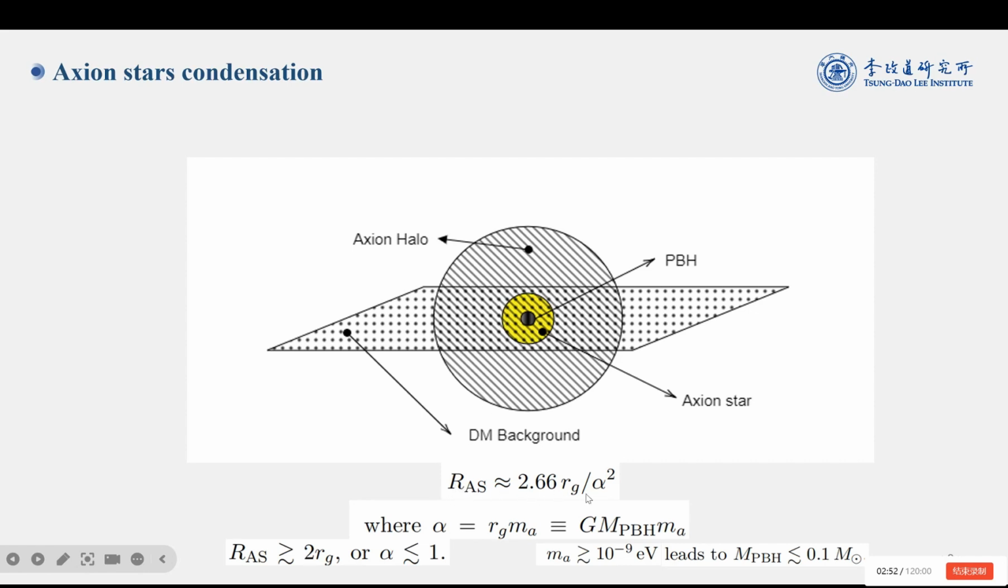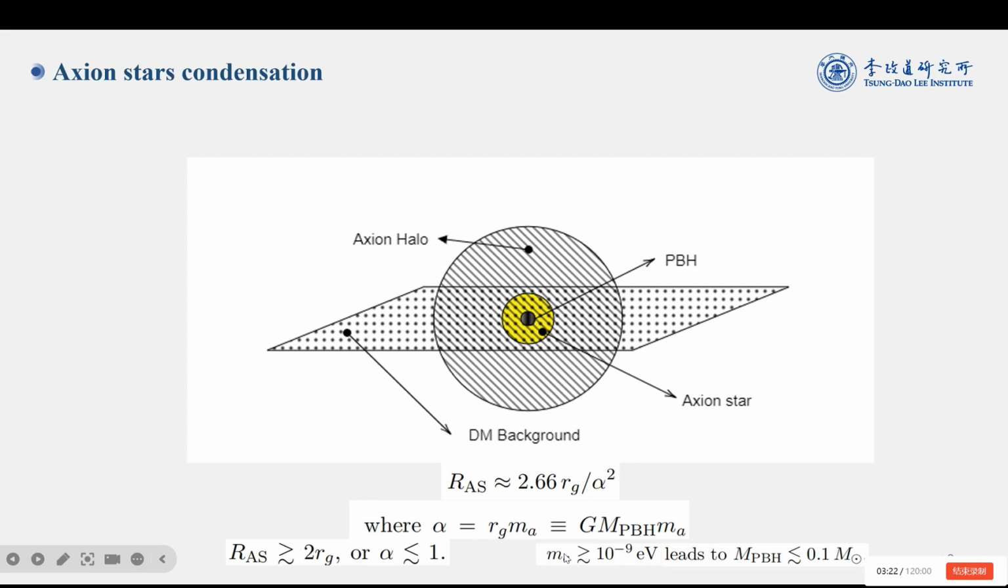And here is the typical value of the axion star radius, where alpha is the gravitational coupling between axion particles and PBH. And naturally, we need the size of the axion star to be larger than the size of the PBH, which means alpha needs to be smaller than 1.